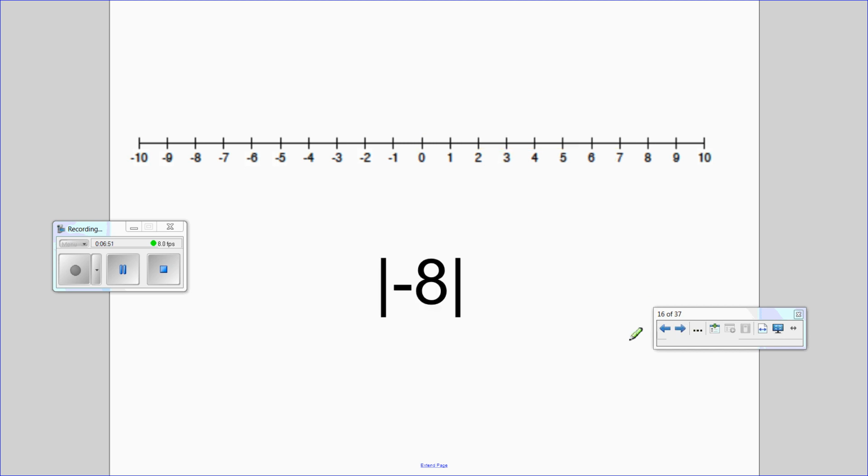What's the absolute value of -8? How far are we from 0? How many units are we from 0? 1 unit, 2, 3, 4, 5, 6, 7, 8 units from 0. So the answer is 8. Absolute value of 7 is 7. Absolute value of -8 is 8.